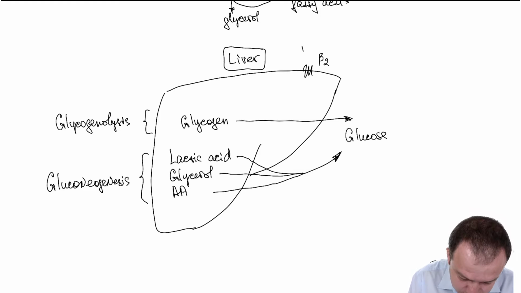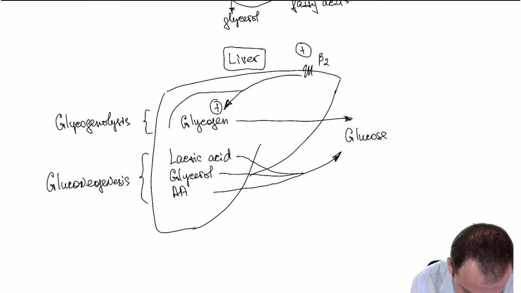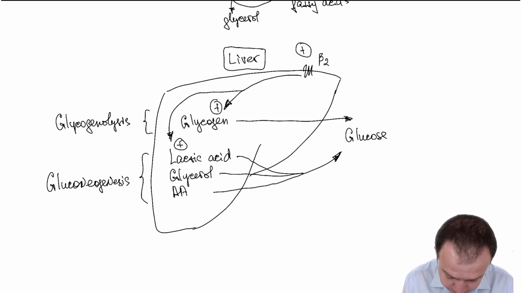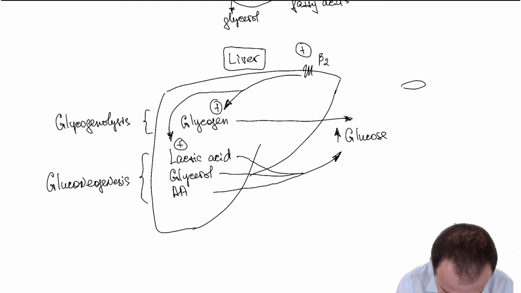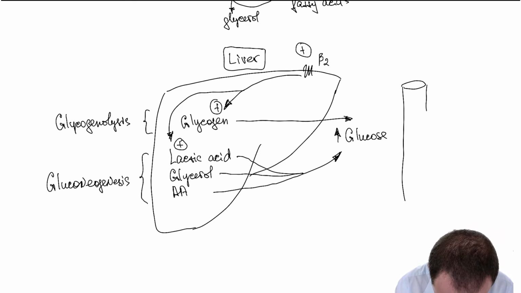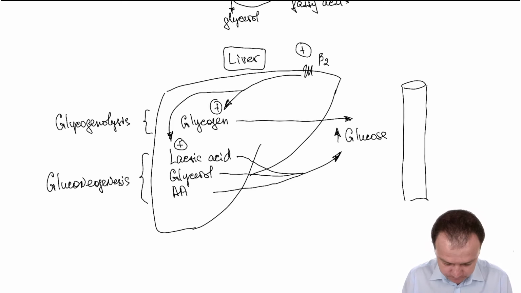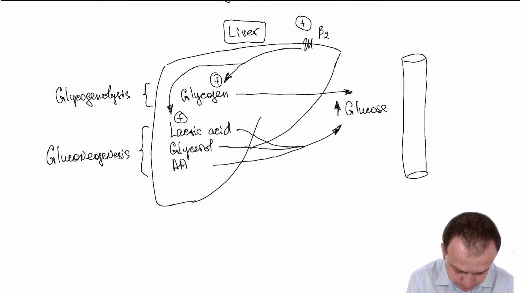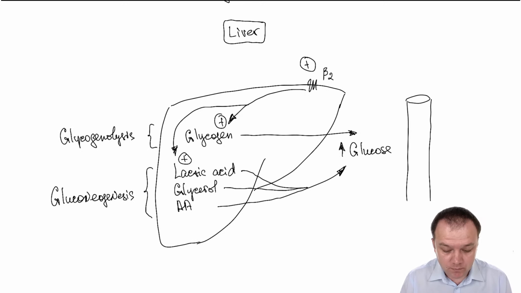So stimulation of beta-2 adrenergic receptors stimulates breakdown of glycogen and stimulates gluconeogenesis, and this increases glucose level in the bloodstream, and this is important for fight or flight response. It's important for stress.